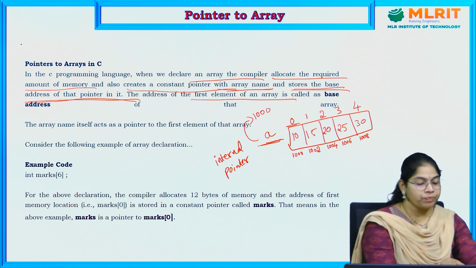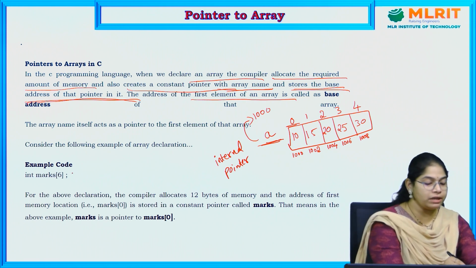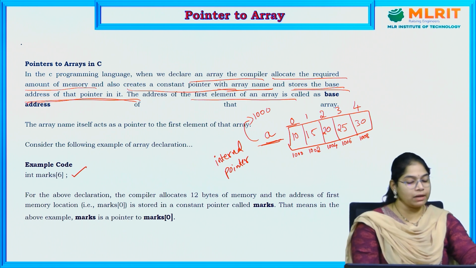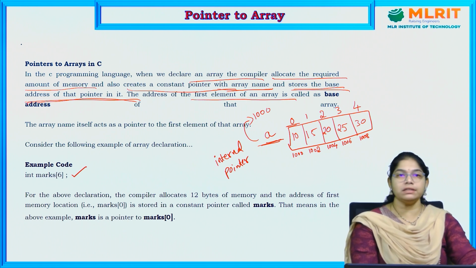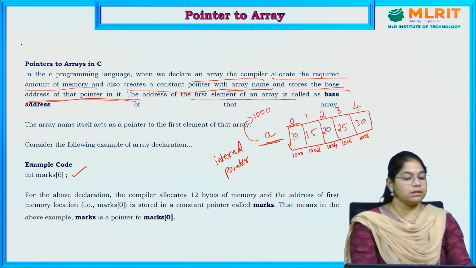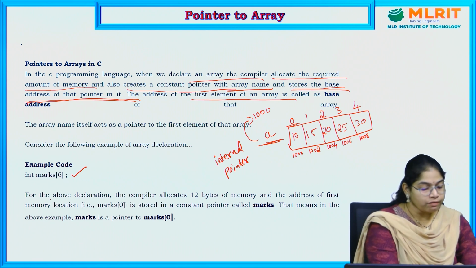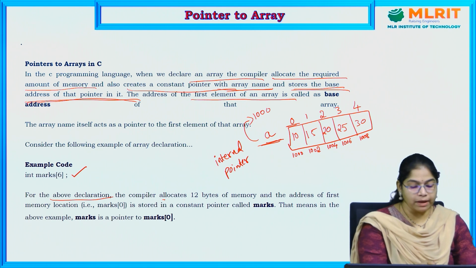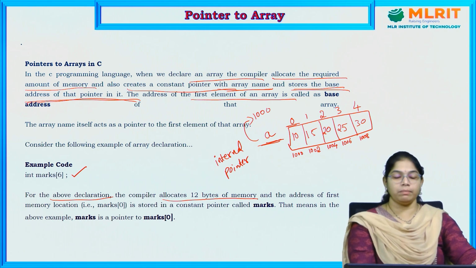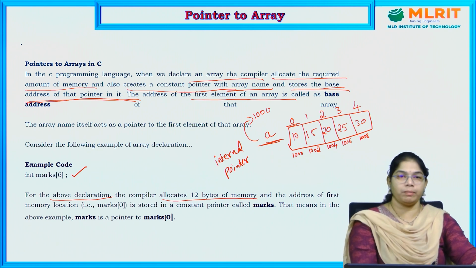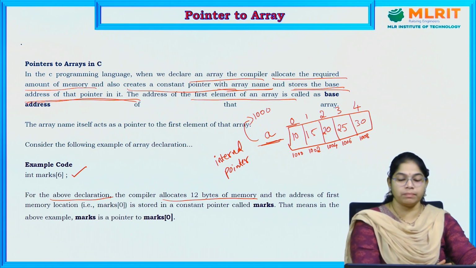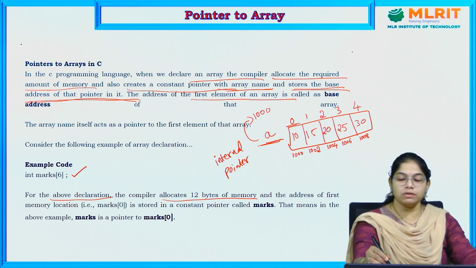Consider the following example of an array declaration: int marks[6]. Here the array name is marks and the size of the array is 6. For this declaration, the compiler allocates 12 bytes of memory, because here I consider 2 bytes of memory. If it is a 16-bit operating system, the size of the integer data type is 2 bytes.